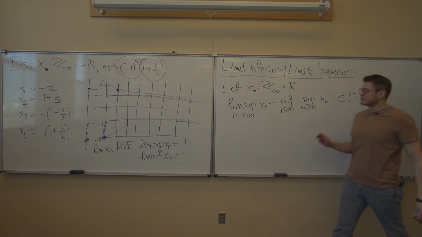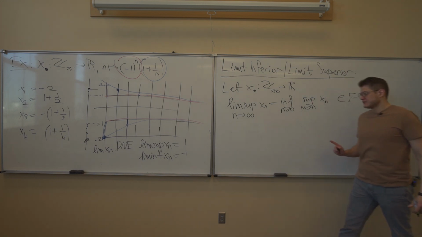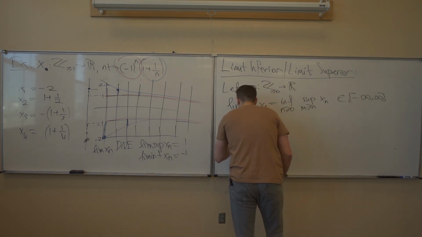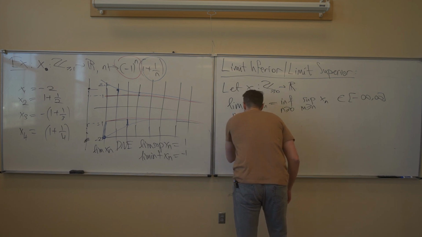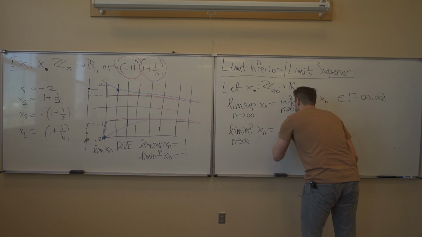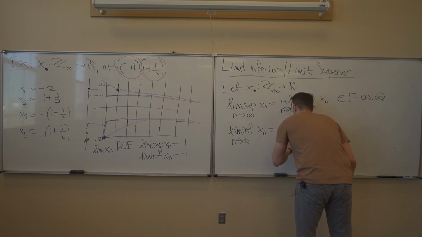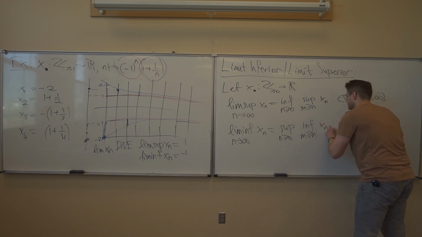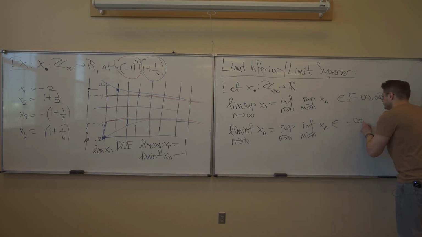I don't care what the sequence is, this always exists. Okay? Liminf is the other way around. Sup inf x sub m. Again, this always exists. These are the definitions.